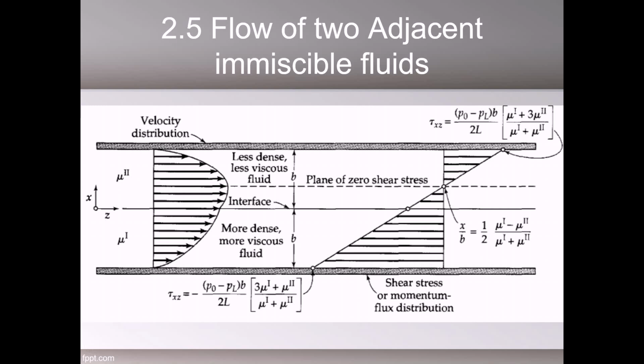We have Vz, but we don't have Vx. It's laminar flow. So the left-hand side only has this tau xz, and the right-hand side only has that P0 minus PL divided by L. Okay, so let me write down the equation.